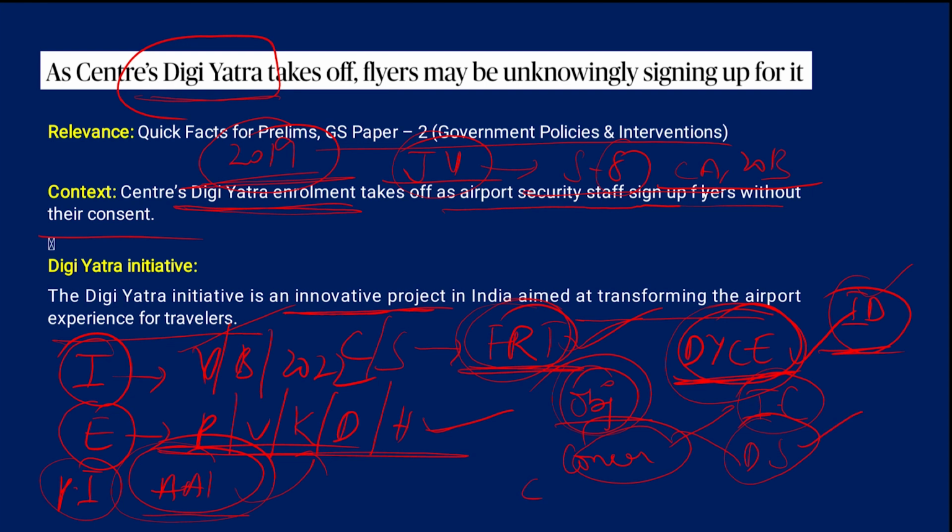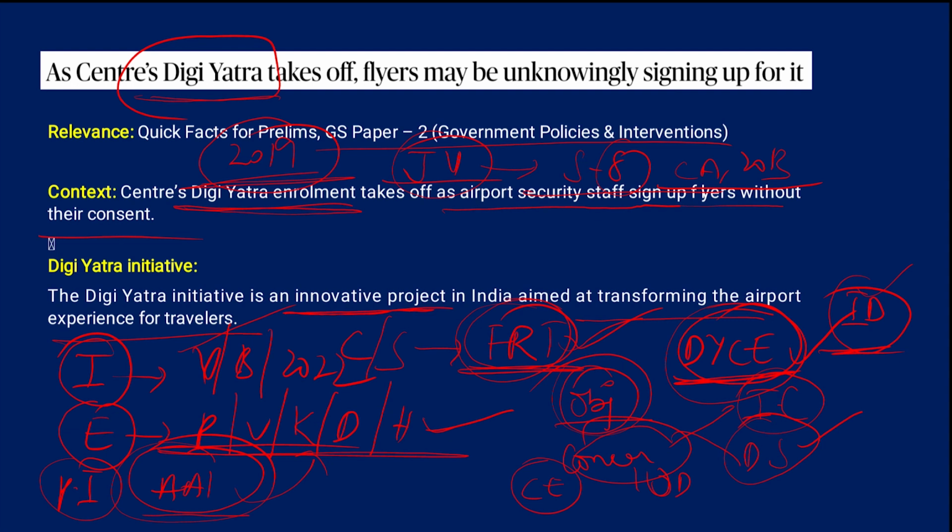Third could be coercive enrollment. If the Airports Authority of India has asked to implement this Digi Yatra in a particular airport, that becomes coercive enrollment. Passengers might feel subtly forced to take up this particular program or be a part of it. Next is unclear data usage.